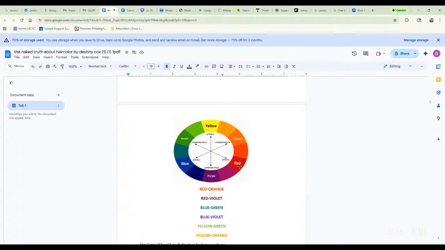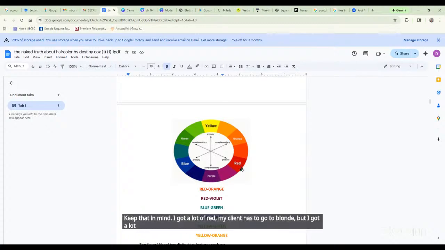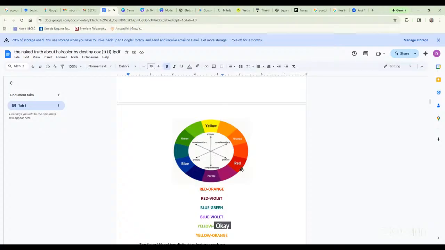Green, right? Keep that in mind. I got a lot of red. My client has to go to blonde, but I got a lot of red that's going to fight me in getting there. If you don't formulate ahead of time, you're going to have a problem.